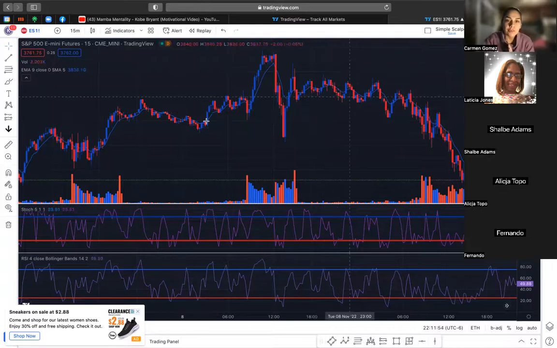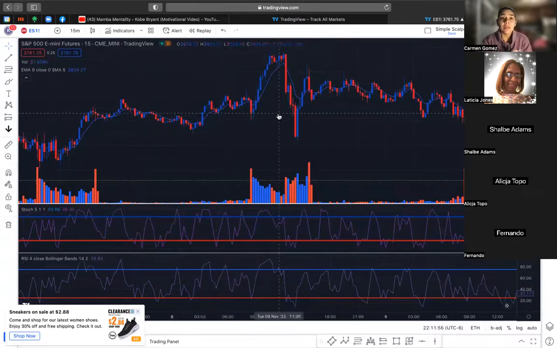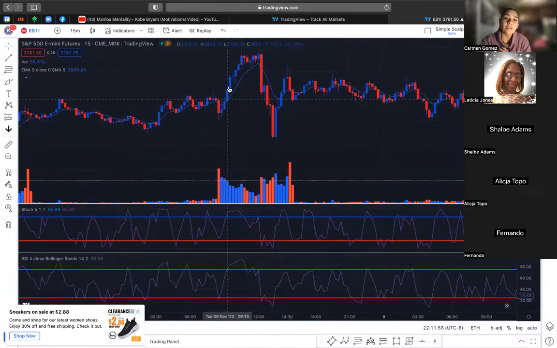A perfect example is right here. We can see how all of these blue candlesticks are above this blue 50 EMA, letting you know that price is moving in an upward direction.